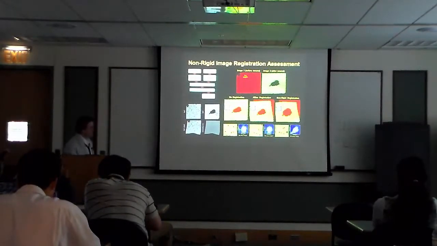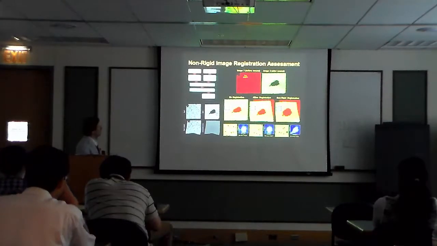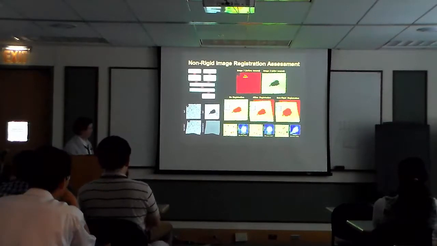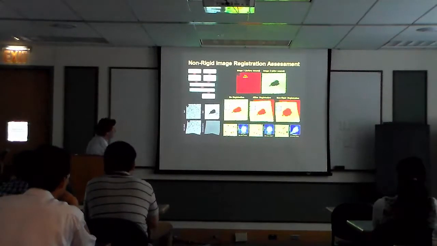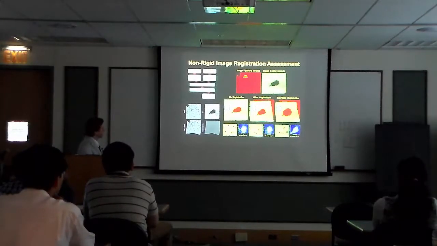So like all good engineers, we want to validate this quantitatively. And so what Ben did was he took image 1 before the wound and labeled it red, and then image 2 in green, and with the different types of registration, looked to see how well that matched. So if we look at making every follicle kind of open, and you try to register this, if you see red behind the green, well, that wasn't matched up.